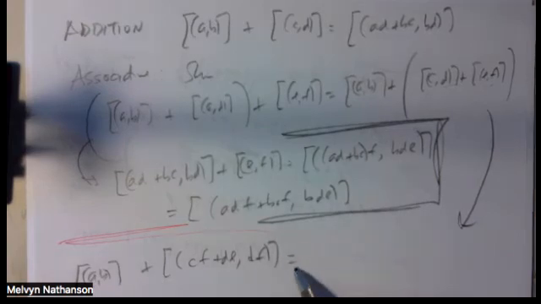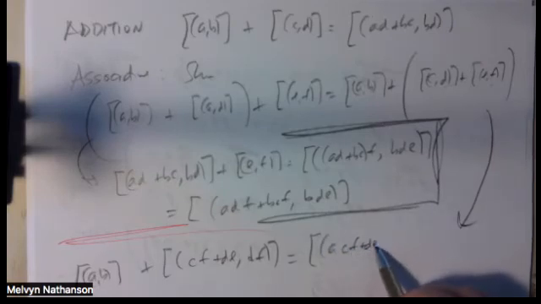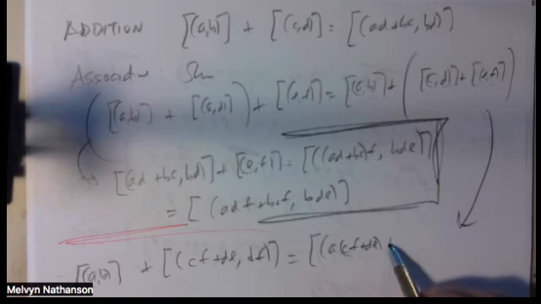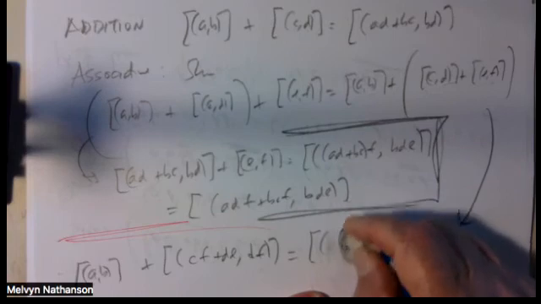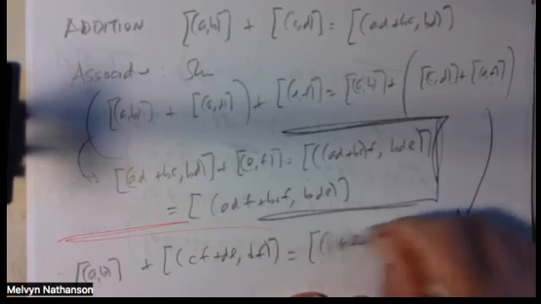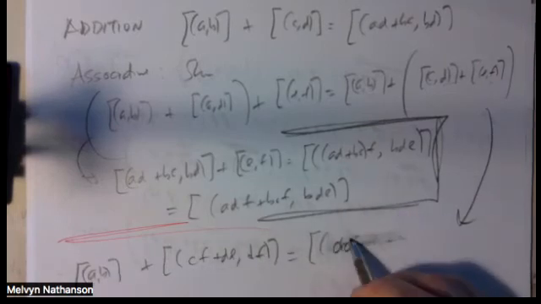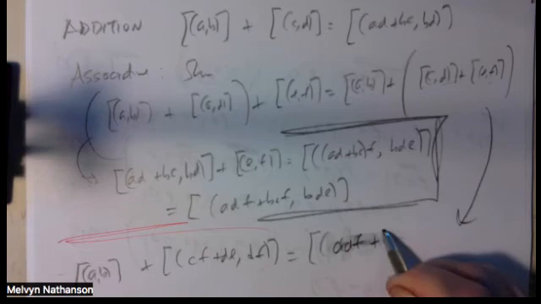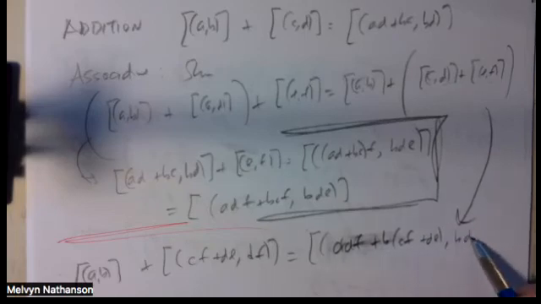And now when I add these two equivalence classes, I get, sorry, A times DF plus B times CF plus DE, comma, BDF.